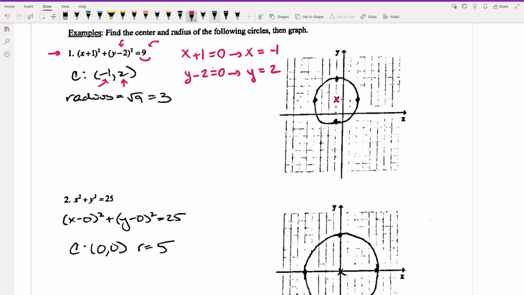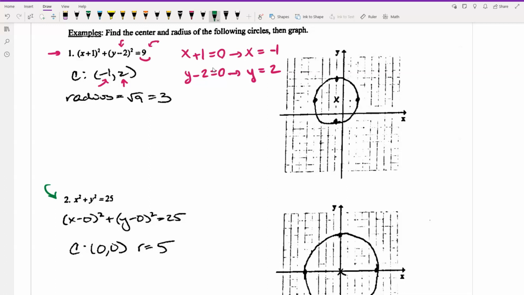So we have to move 1, 2, 3 to the right, 1, 2, 3 to the left, 1, 2, 3 up, 1, 2, 3 down, finding all these points and then connect to draw the circle. So this is our graph.